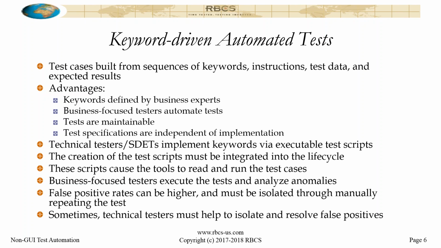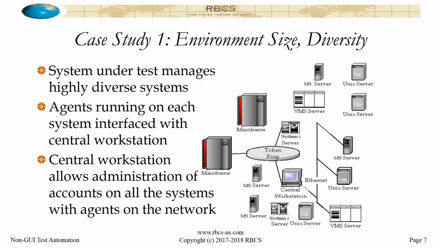Okay. So let's look at a couple of case studies here. So the first system that we're going to look at is one that manages a highly diverse set of systems in a network, in a data center, with various kinds of operating systems and various kinds of networks and so forth.